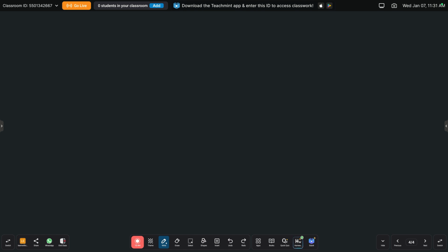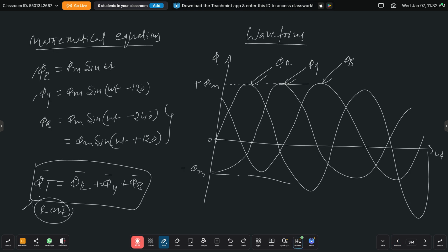Take case 1. At omega t equal to 0 instant.